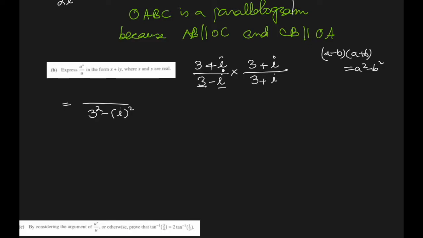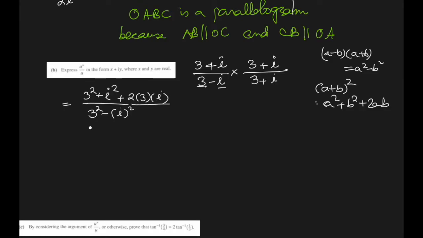But for the numerator we can use a plus b whole square, which is a square plus b square plus 2ab. So here a is 3, so a square plus b square plus 2ab.